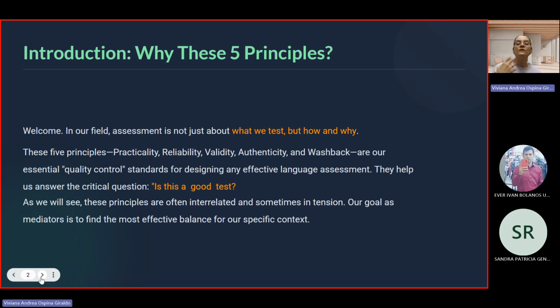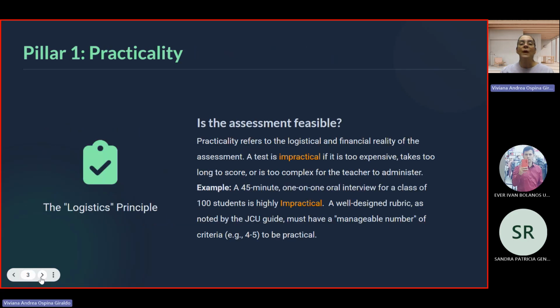And so we are going to talk a little about these particular principles that are included in the references that we need to read and the literature that we need to interiorize. So remember that we will find a balance of these 5 principles as we move into assessment.